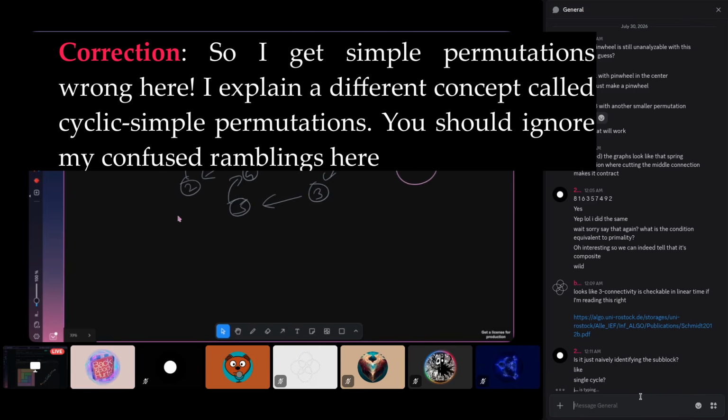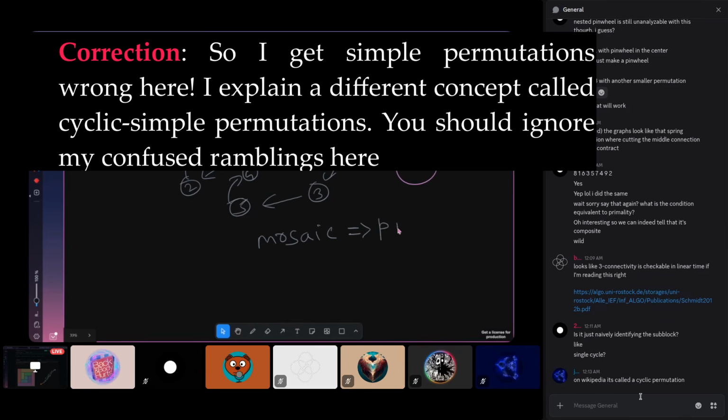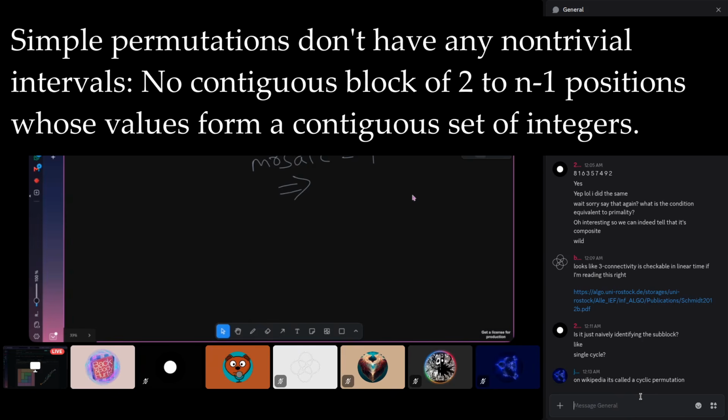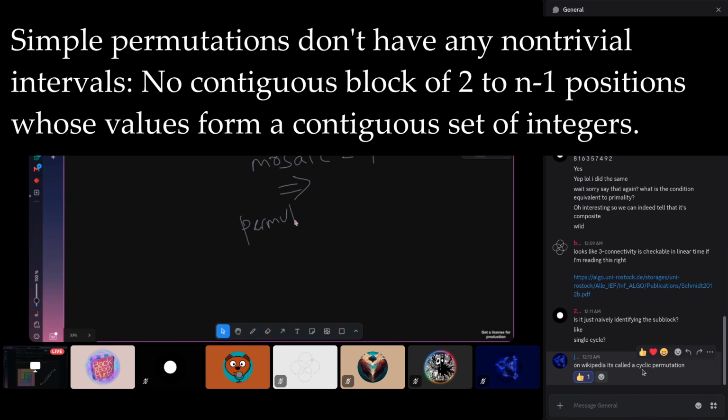So, for a mosaic to be prime, that implies the permutation is simple and Baxter. Ooh.